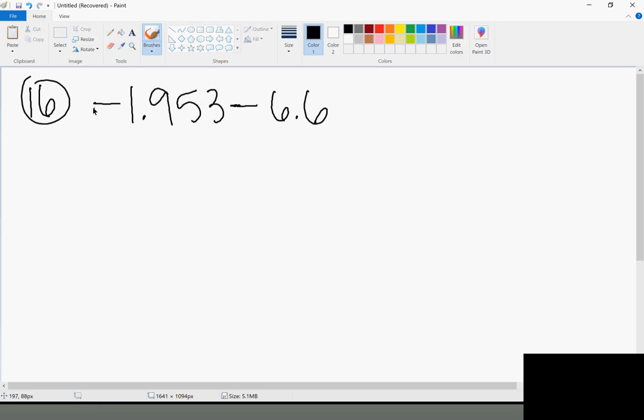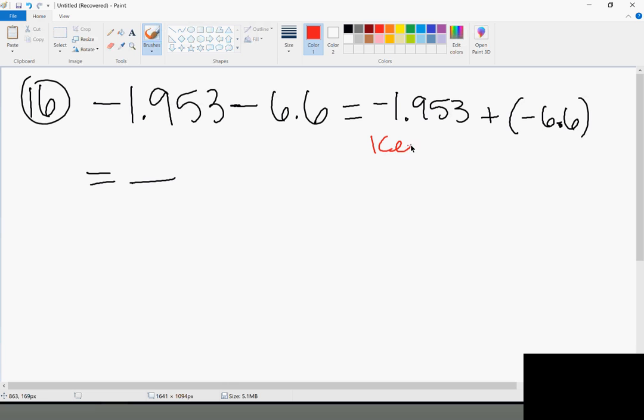We have the same sign, negative, negative. So this is basically negative 1.953 plus negative 6.6, that's the same thing. And so we're adding two numbers with the same sign. So we're going to keep the sign.